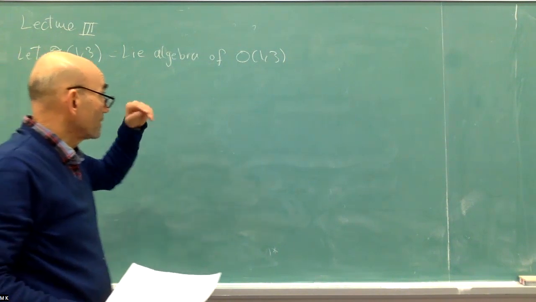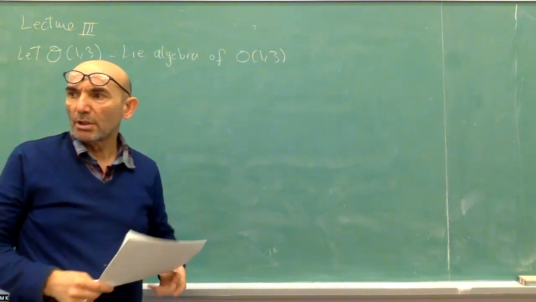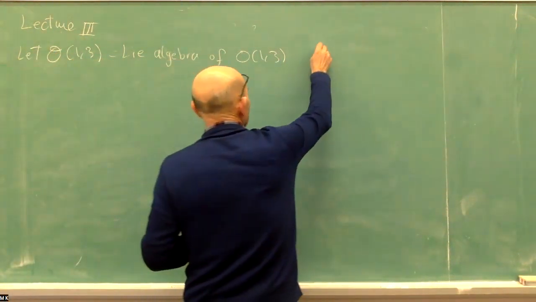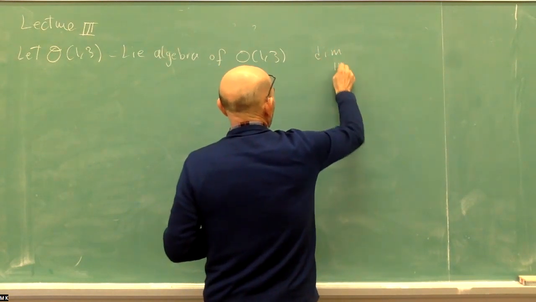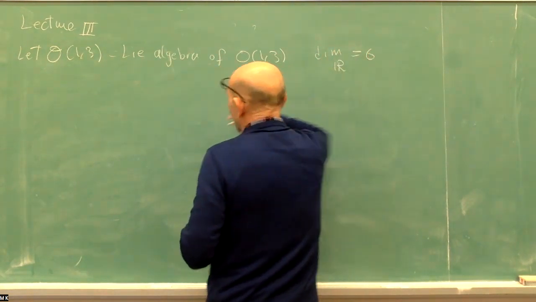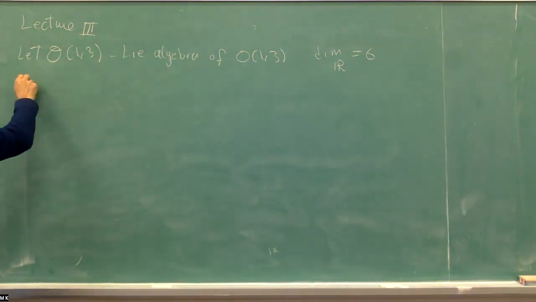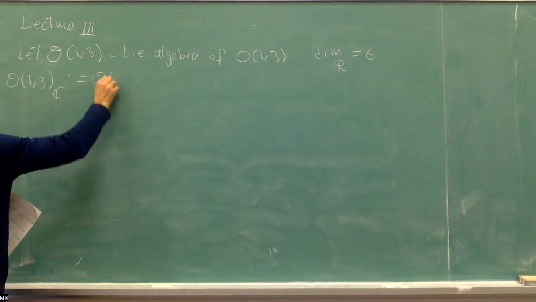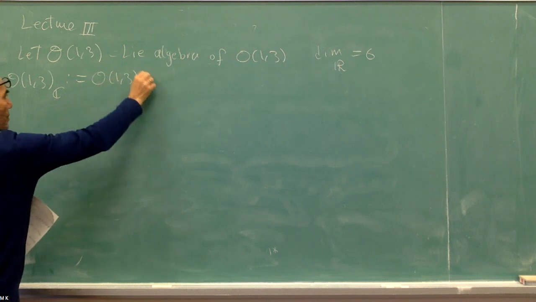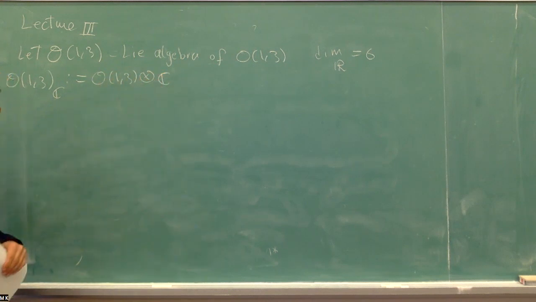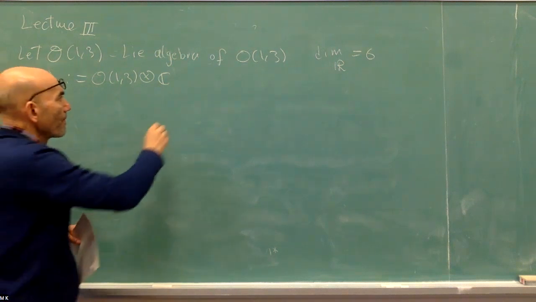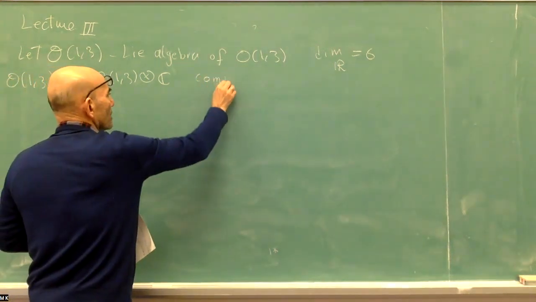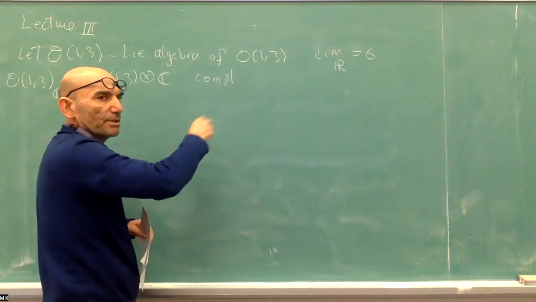As we saw, this is a 6-dimensional real algebra, dimension over R equal to 6. The notation so(1,3)_C is, by definition, so(1,3) tensor C. This is the complexification of this real algebra, so it's a 6-dimensional complex algebra.